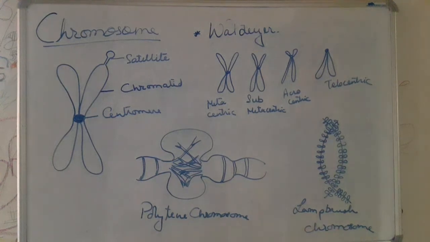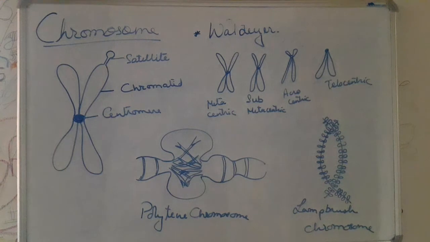Now the second type of giant chromosome is the lampbrush chromosome. This chromosome was first observed by Fleming, but it was described by Rueckert. These are highly elongated special kind of synapsed mid-prophase or diplotene chromosomes which have already undergone crossing over.